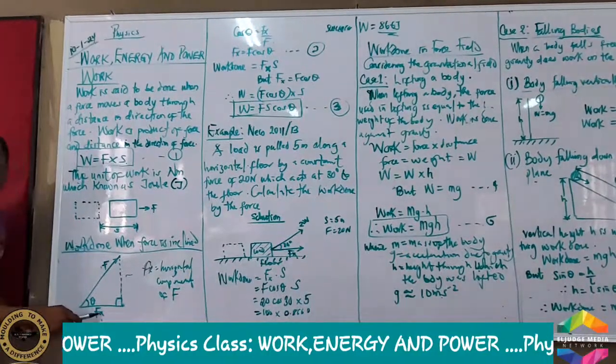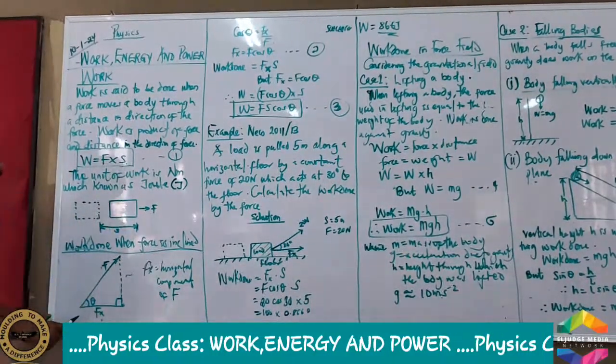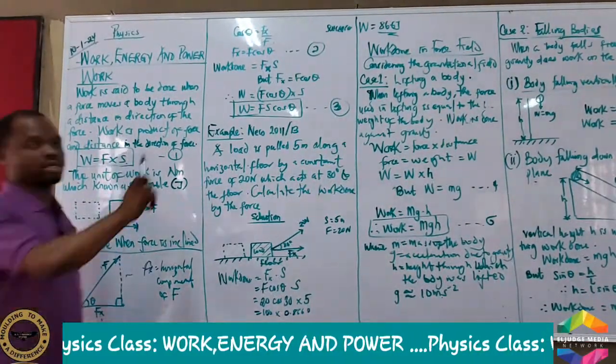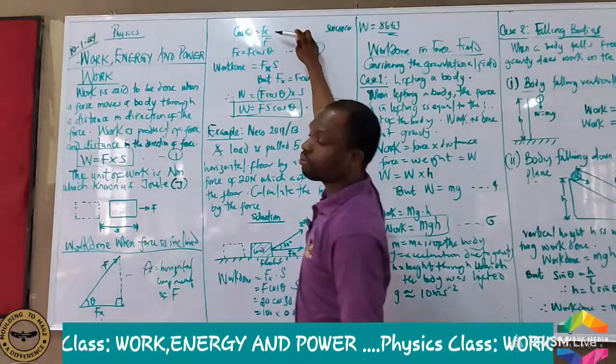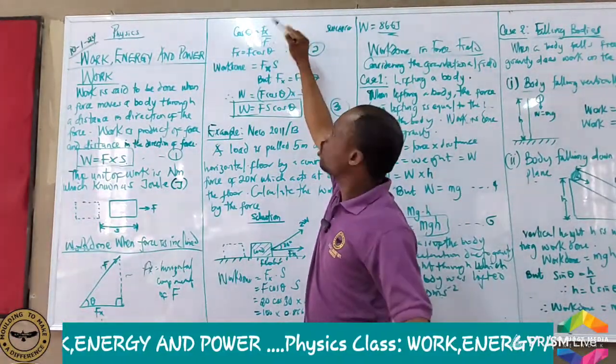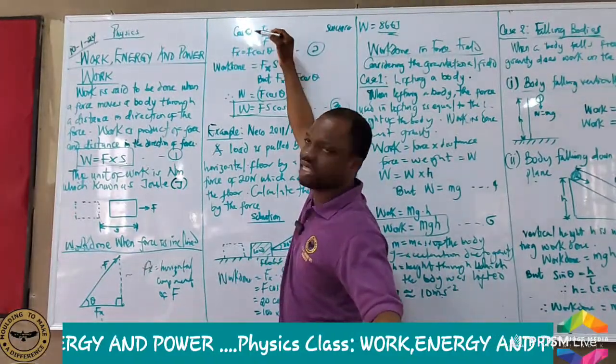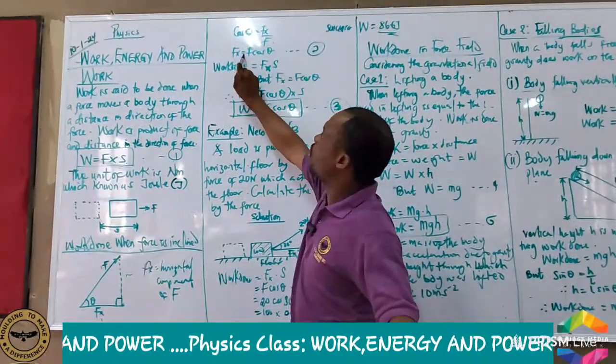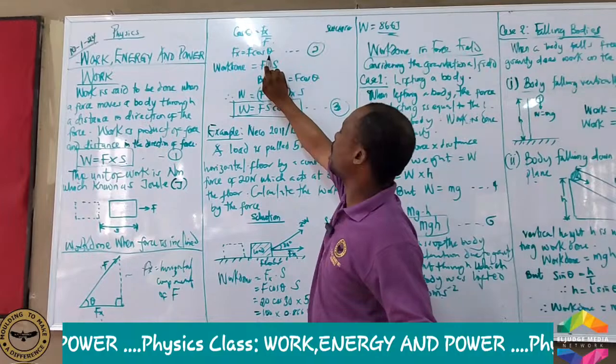The relationship between the adjacent and the hypotenuse is cos. So cos theta equals Fs over F. We make Fs the subject of the formula: Fs equals F cos theta.